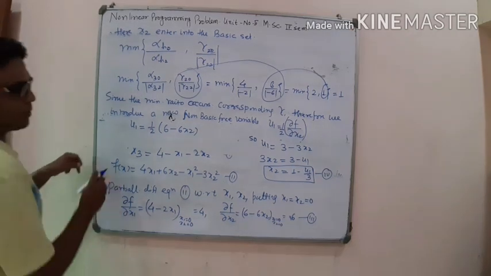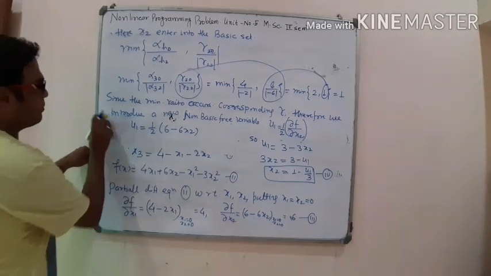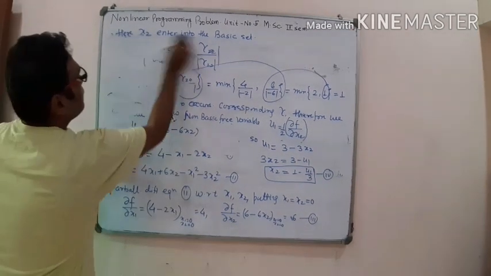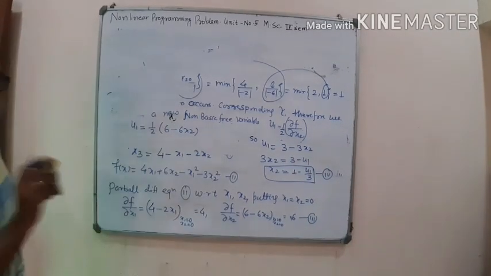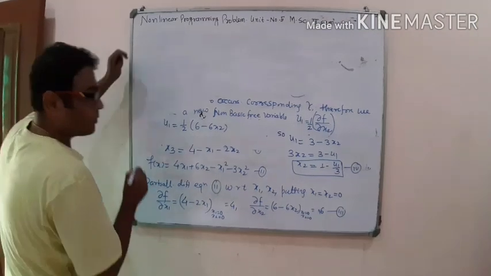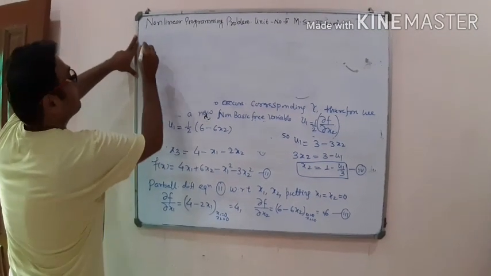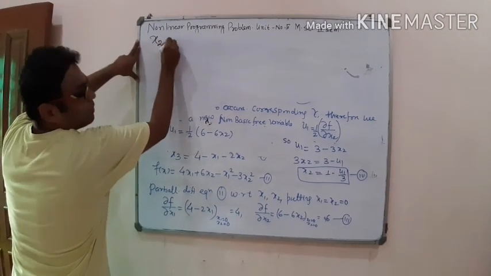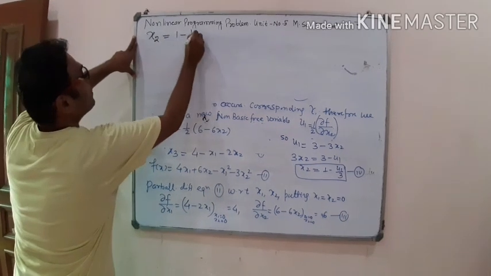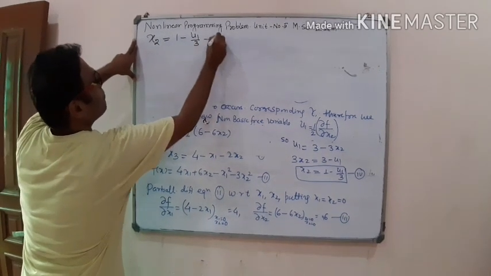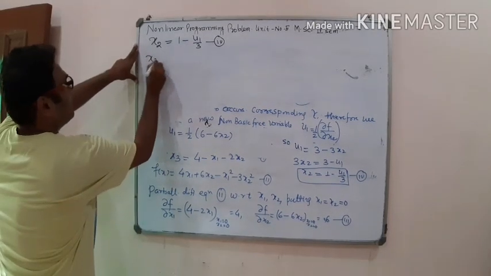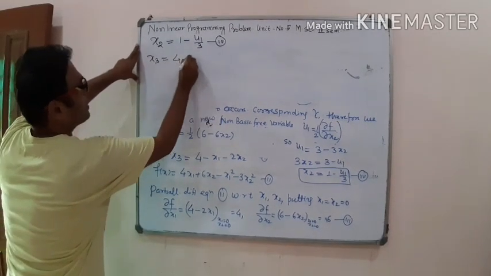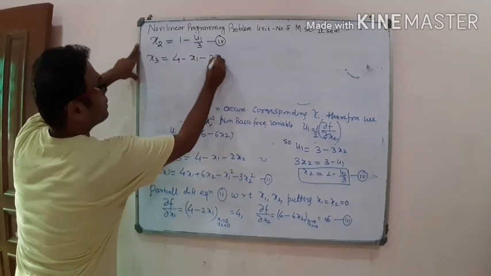Now come to equation number 1 again. Again we rewrite equation number 4: x2 is equal to 1 minus u1 upon 3. Now come to equation number 1: our x3 is equal to 4 minus x1 minus 2x2.